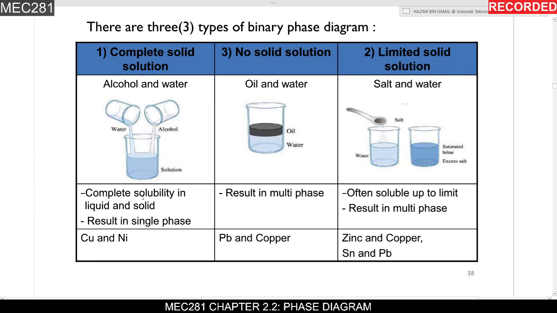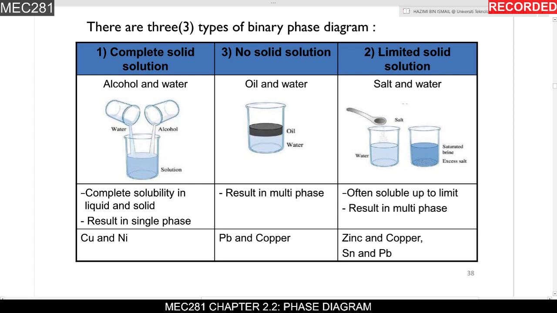It means complete solubility in liquid and solid, which results in a single phase. That's why we have the name complete solid solutions, because it only results in a single phase. An example is copper and nickel.